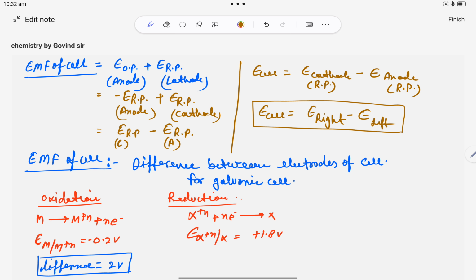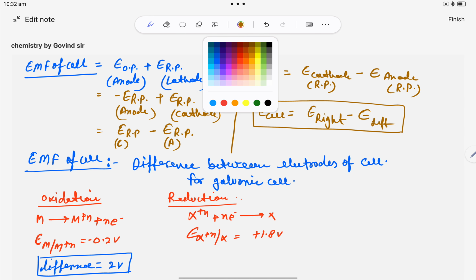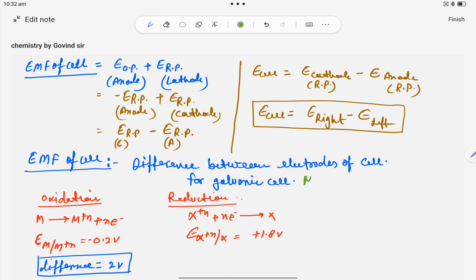Okay, but note, E cell depends upon concentration and temperature.